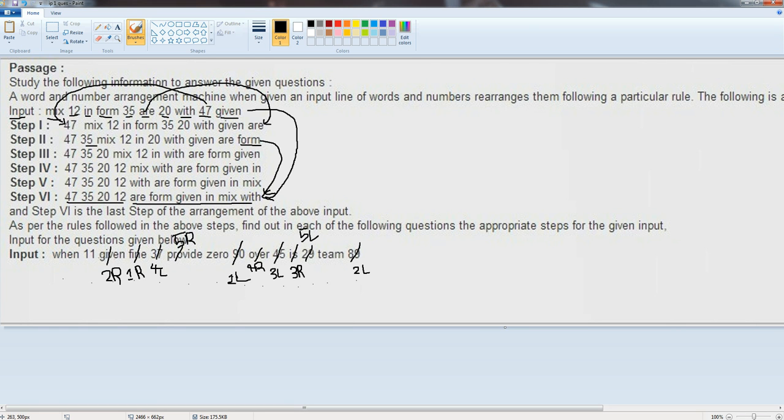The next is the number 11, 6 left, and the word will be T, 6 right. I mistakenly wrote 6 right on the number, it will be 6 left, pardon me for that.